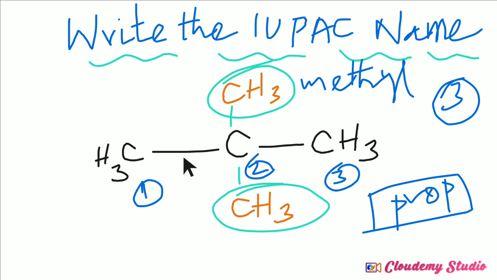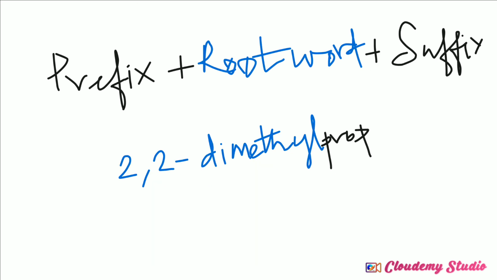If a carbon to carbon single bond is present, the suffix will be ane. So as a result, the name of the compound is 2,2-dimethyl propane.